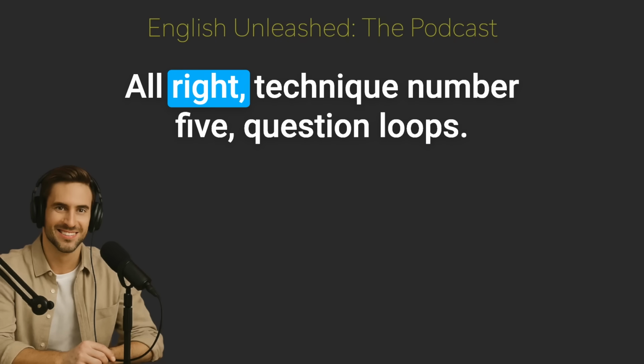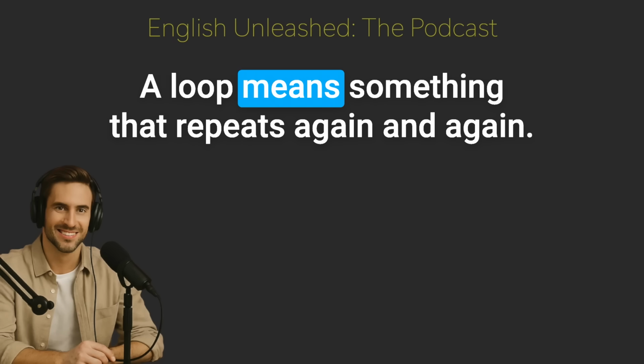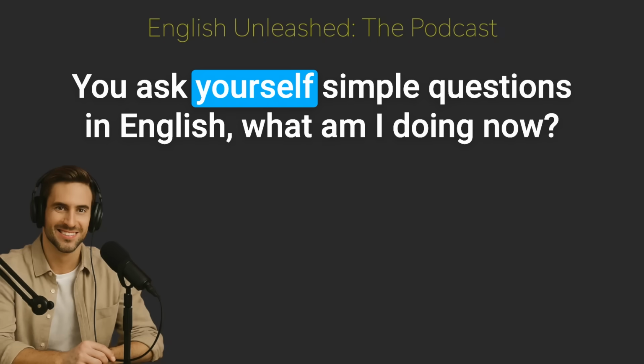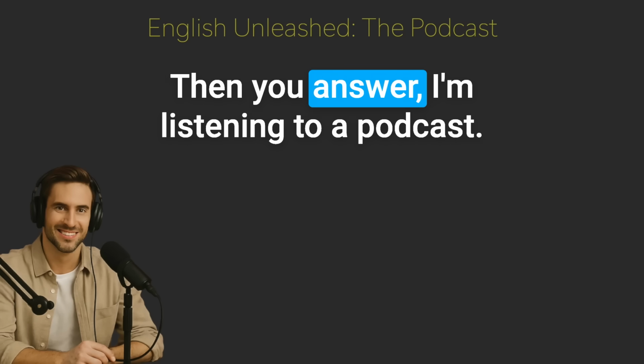All right, technique number 5. Question loops. A loop means something that repeats again and again. In this method, you ask yourself simple questions in English. What am I doing now? Then you answer.